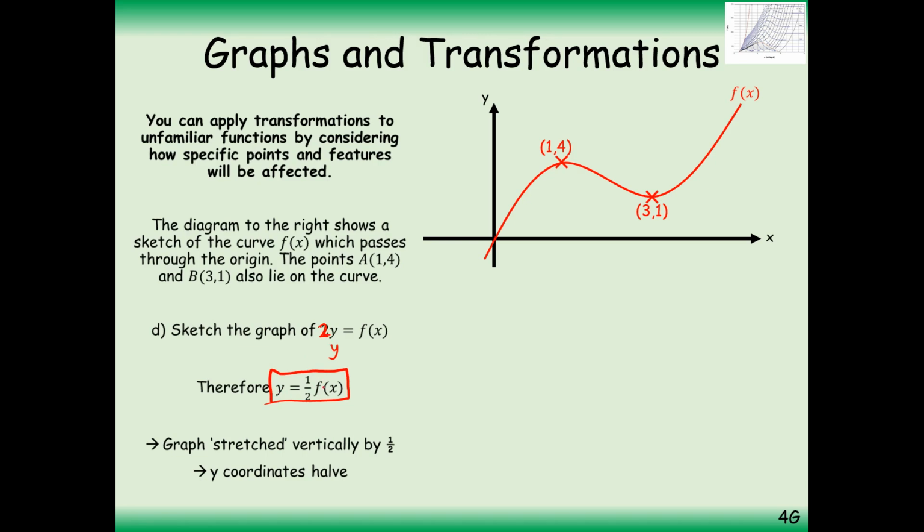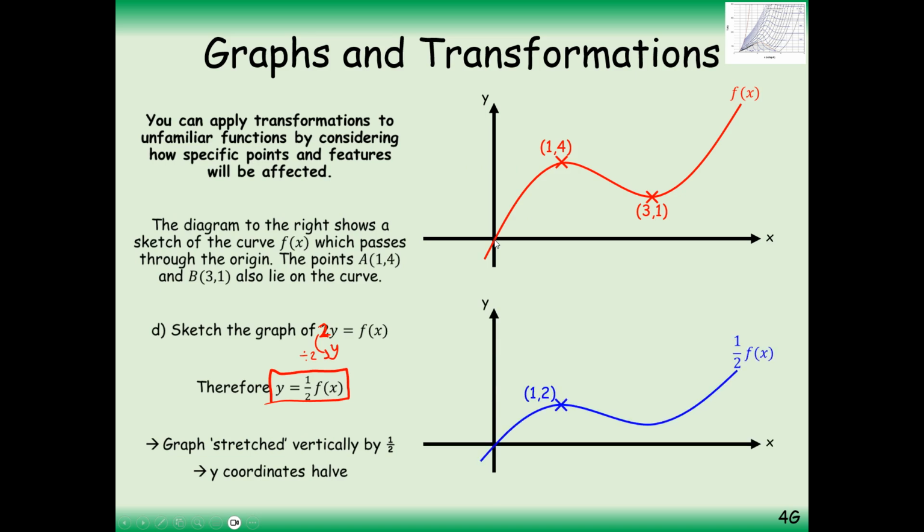You need to put it in front of the function like so, dividing both sides by 2. Okay, so when you have a half in front of f(x), that means the y values will halve. So 4 becomes a 2, 1 becomes a half, and 0 remains at 0, right?